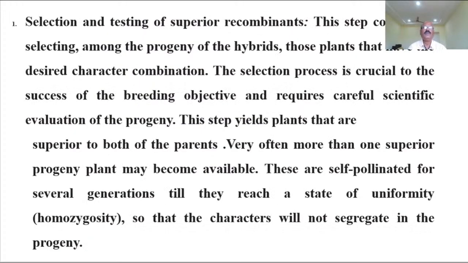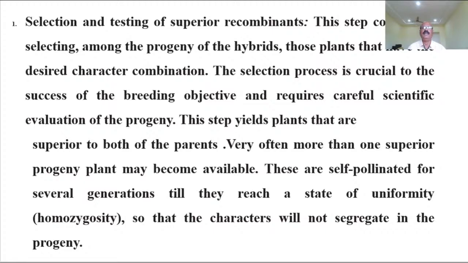Selection and testing of superior recombinants. This step consists of selecting among the progeny of hybrids those plants that have the desired character combination. The selection process is crucial to the success of the breeding objective and requires careful scientific evaluation of the progeny.